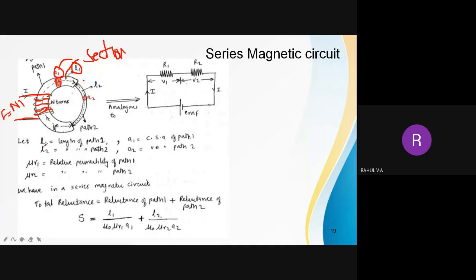Okay, so I am taking this larger area portion. L1 is the length of the path, the perimeter actually. And A1 is the cross-sectional area of path 1. Similar to that, L2 is the length of path 2. A2 is the cross-sectional area of path 2.